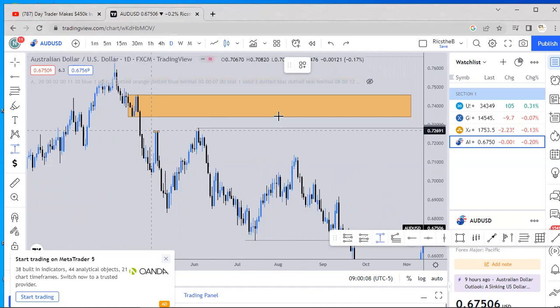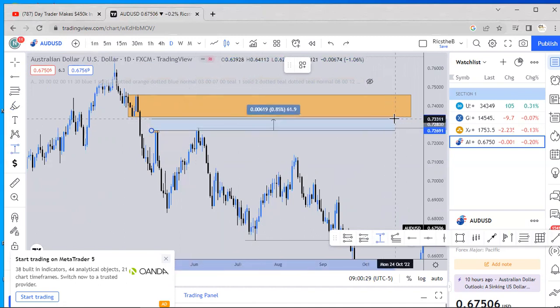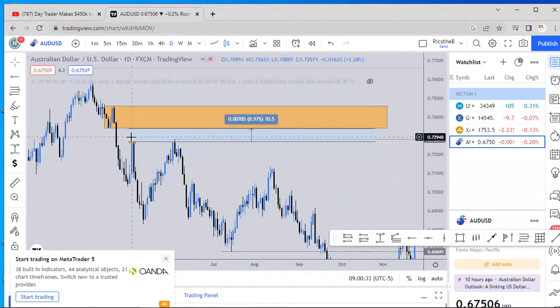We still have an imbalance. Oh my goodness, my screen is stuck. Okay, right there. This level right here, it's easier for you to see it this way. You can see this is a vacuum.